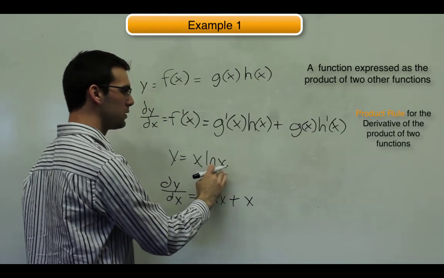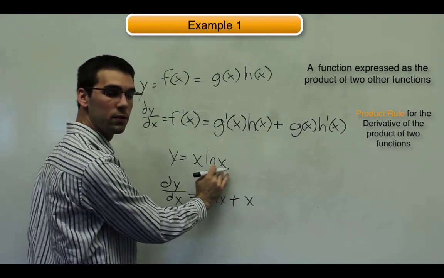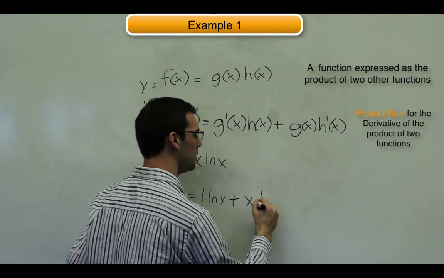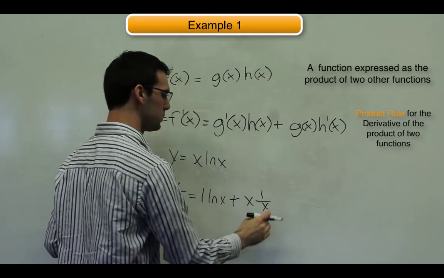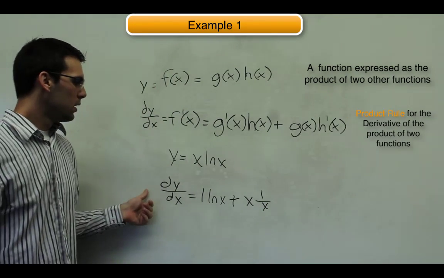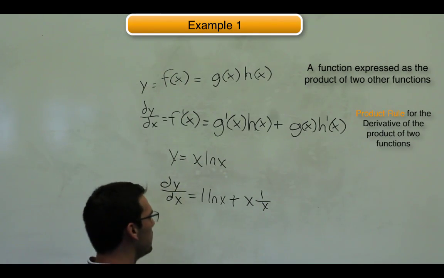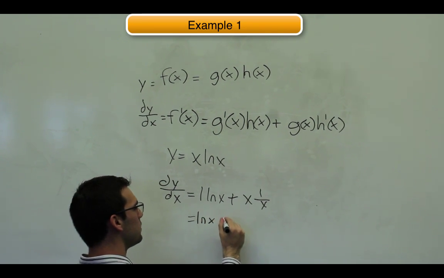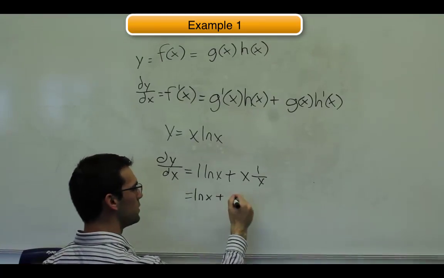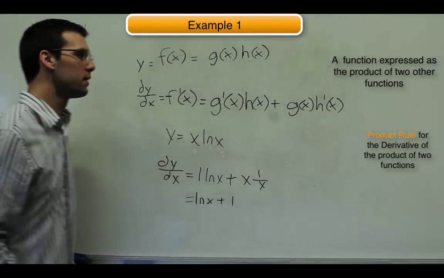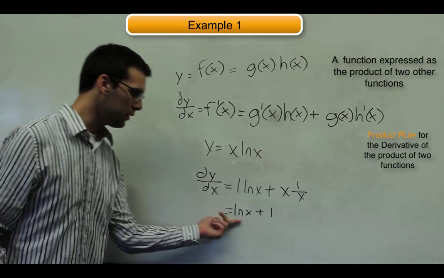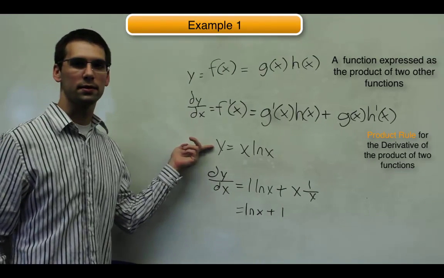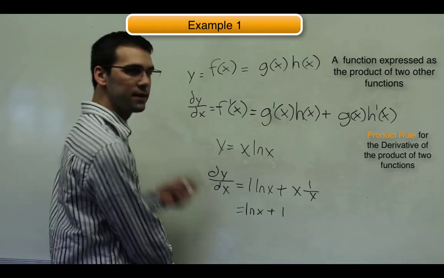And since h of x is natural log of x, we use the logarithm rule to say 1 over x. Okay? And the result, therefore, is natural log of x plus x over x, which is 1. So this ln x plus 1 is the derivative of y equals x ln x with respect to x.